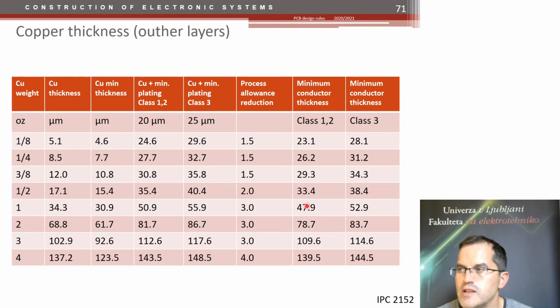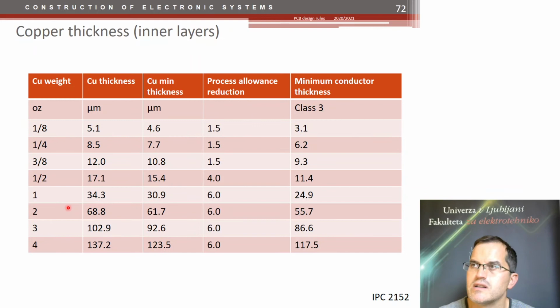And then you finish with the copper between 47 and 52 microns. Now, this is the starting point for outer layers. What about inner layers? For inner layers, you start with 1 oz, let's say, and you finish with down to 25 microns only.